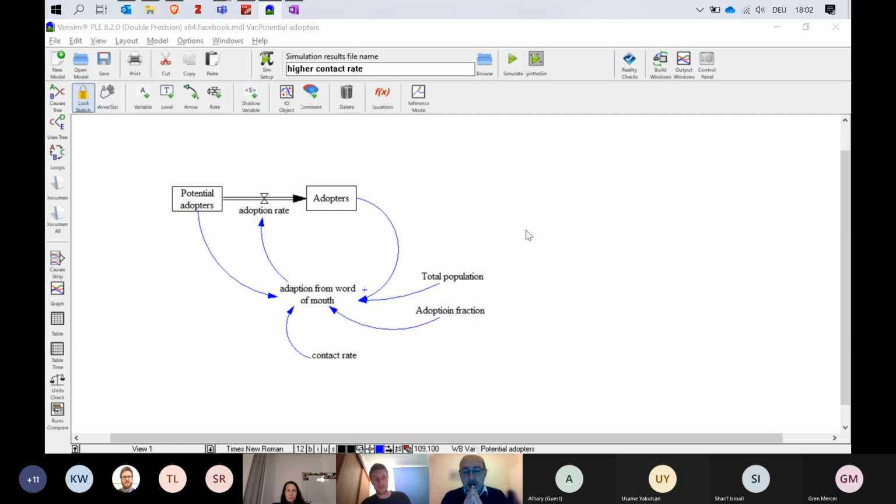Every number that you have there needs to have a connection with something associated to the theory about the system or to an explanation about the system. In this case, for the adoption fraction, the contact rate and the total population, we have a meaning for each number. We try to have models where every constant and every equation has some meaning.